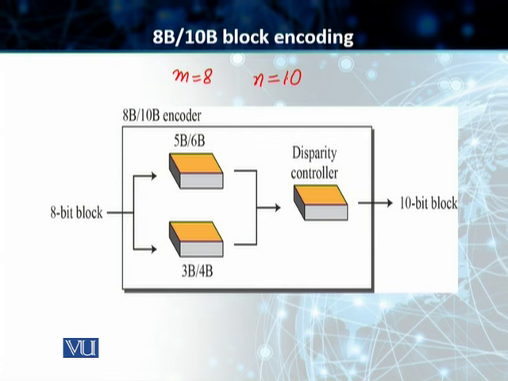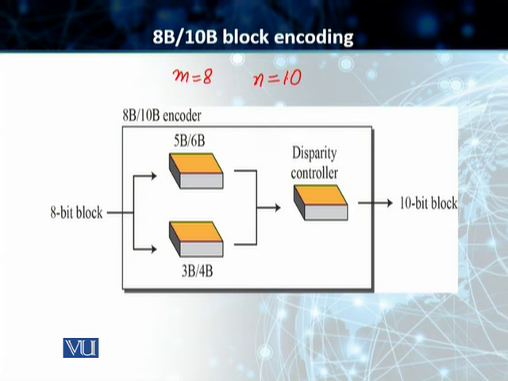And students, this 8B/10B is nothing but a combination of 3B/4B and a 5B/6B block coding techniques. Students, an additional concept out here which is noteworthy is that we have used a disparity controller.